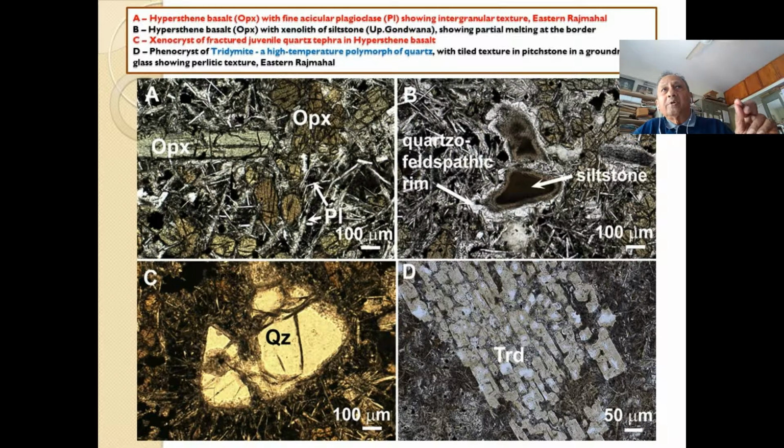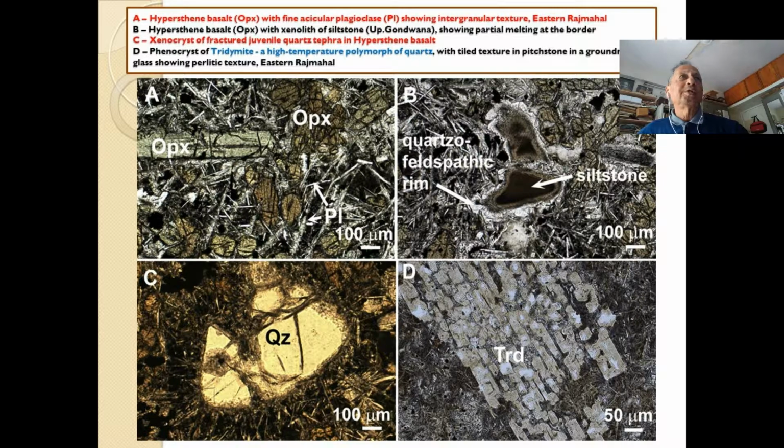The outer rim, it is a silt. The outer rim, you find it has undergone melting, and that in fact contaminated the basalts. And C is a xenocryst of fractured juvenile quartz tephra in hypersthene basalt.